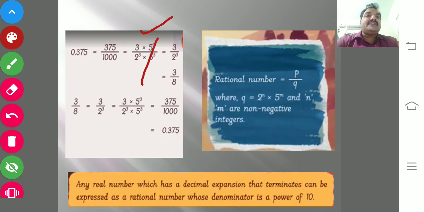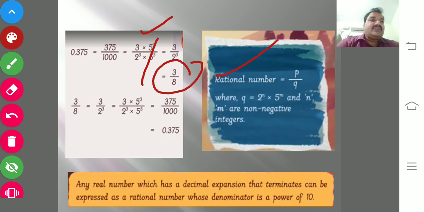If you cancel, you will get 3 by 2 cube. 2 cube means 2 into 2 into 2, which is 8. So 3 by 8 is the p by q form of 0.375. Conversely, now take 3 by 8, where the denominator 8 is 2 cube.